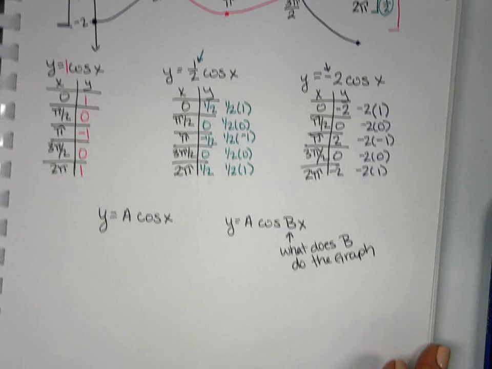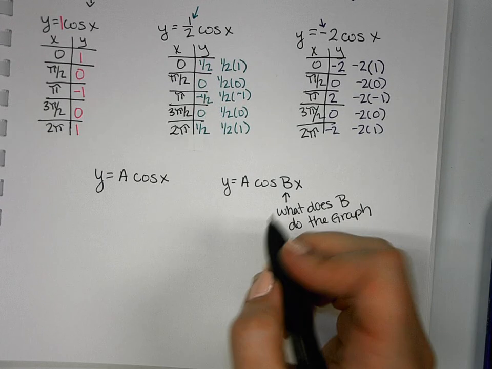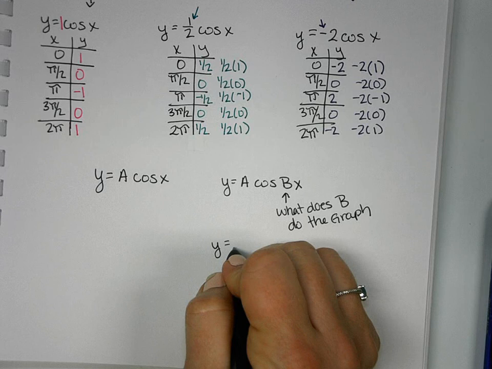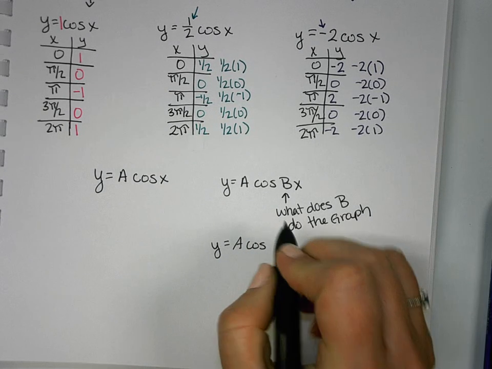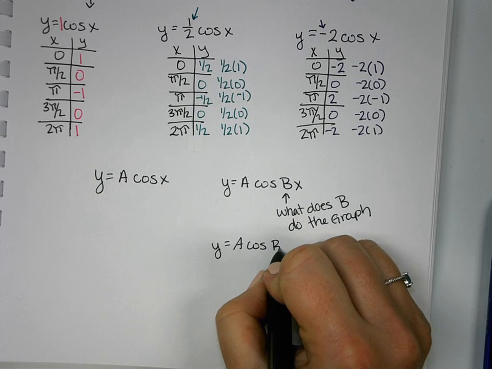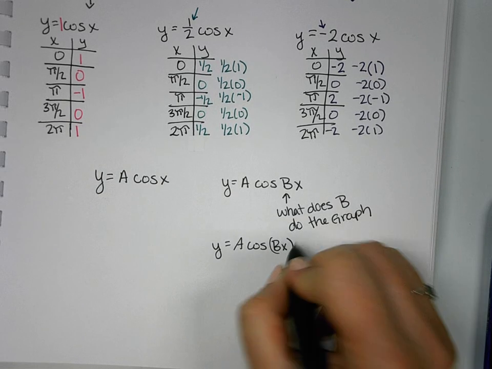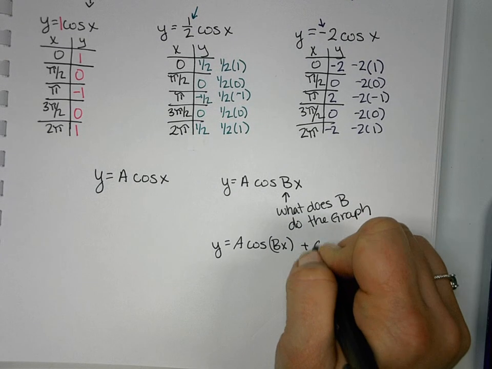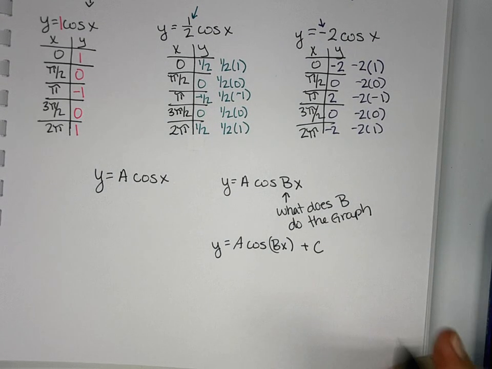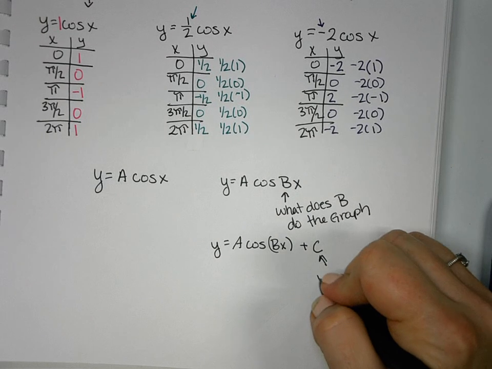Okay, we're also in our activity tomorrow going to look at not only what does B on the inside do to the graph, but what does something being added on the outside do to the graph? What does C do to the graph?